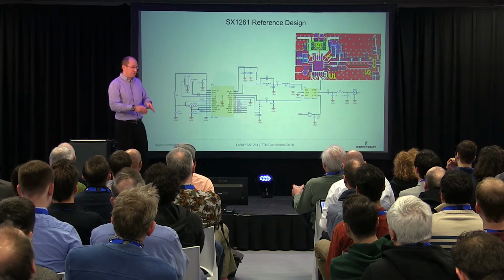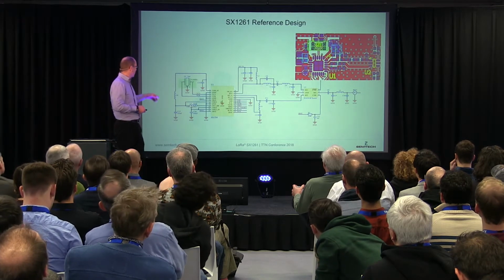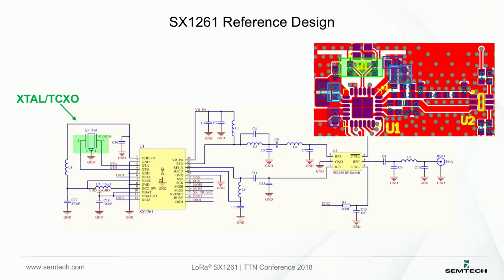A big dive into the reference design itself. We have here the crystal or the TCXO to provide a 32 megahertz reference clock for the RF. Then we have a DC-DC converter to really optimize the power consumption, so we need a coil for that.